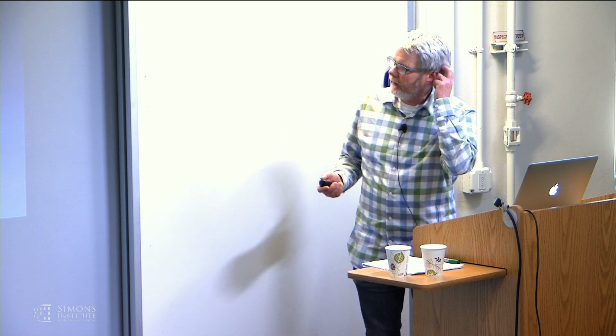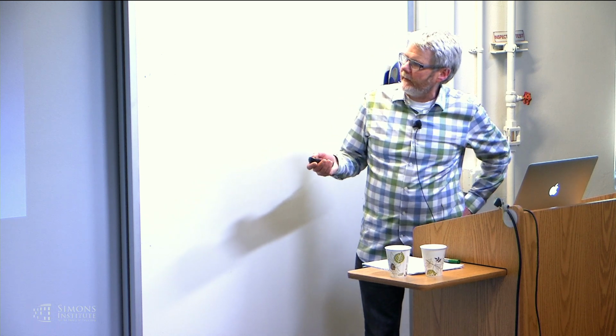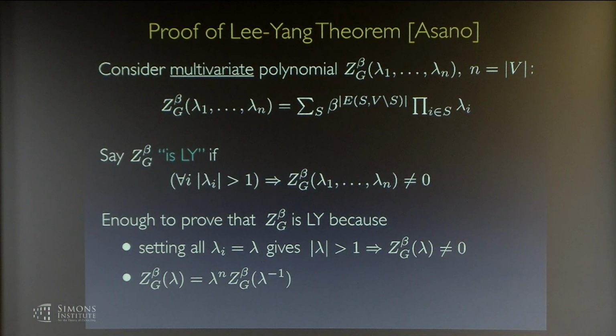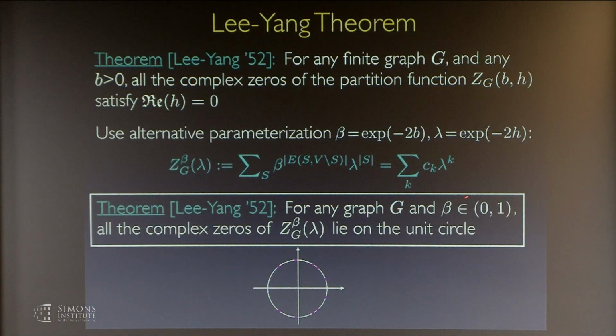Let's prove the Yang theorem. So remember, this is an extremely general fact. So this holds for an arbitrary finite graph G, and we have the polynomial from the previous slide, right? This polynomial.